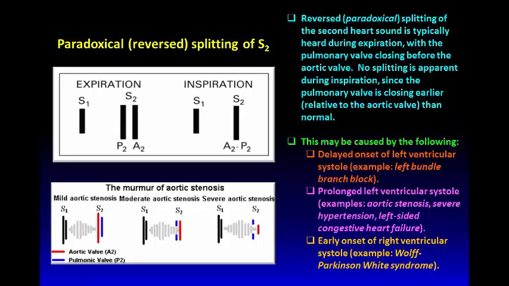Paradoxical splitting is also heard if there is early onset of right ventricular systole, like in cases of Wolff-Parkinson-White syndrome.